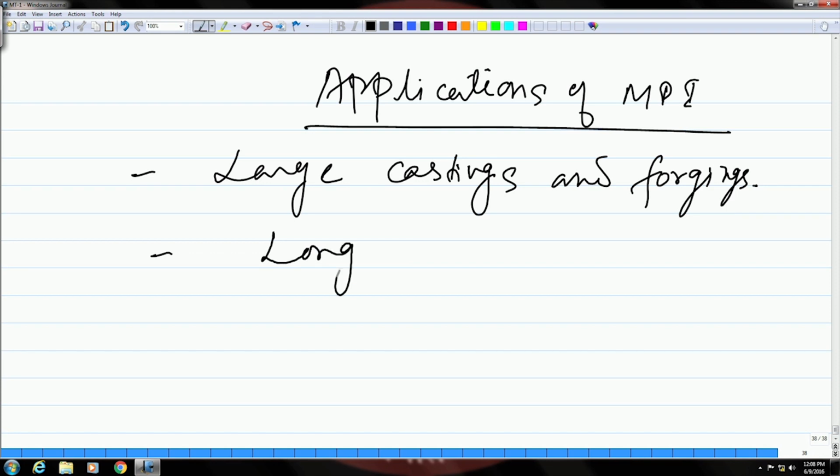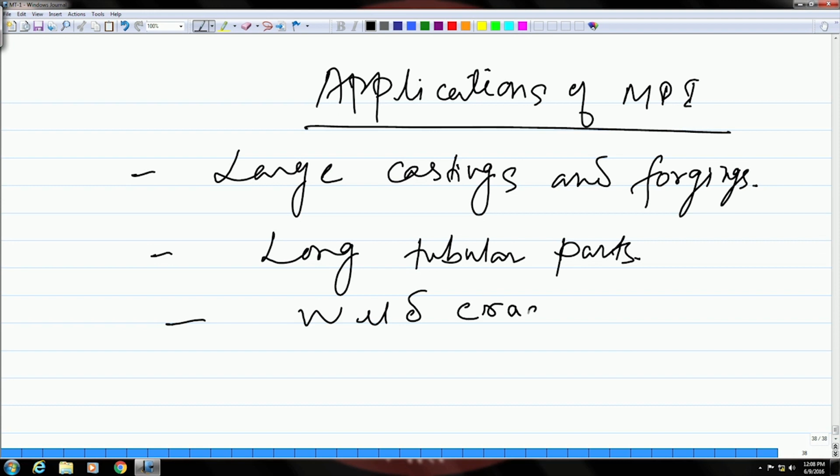Can also be used for long tubular parts. Weld cracks. Then in welding, lack of fusion, which is a welding defect that can be inspected.